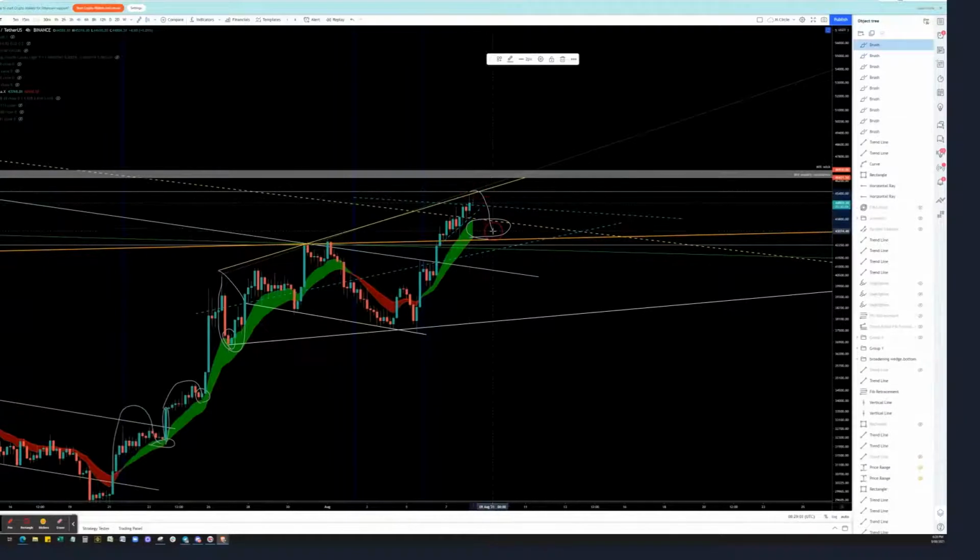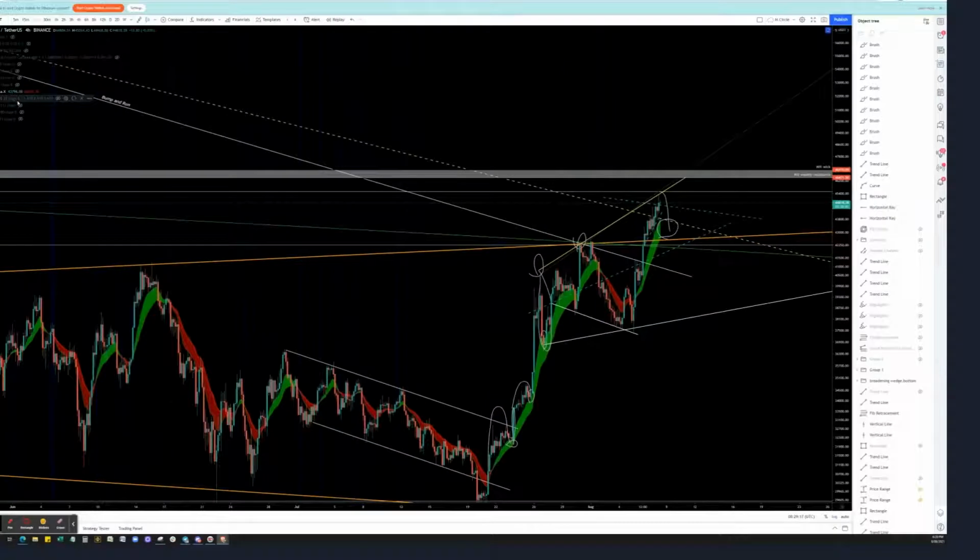So you can see this yellow line acted as resistance right there and there. It's good to draw lines because you can see where there's confluence, and we've got these moving averages and so on, so there's a whole bunch of stuff there. Where are the other ones I was after?